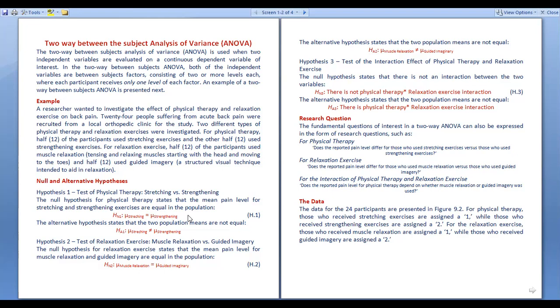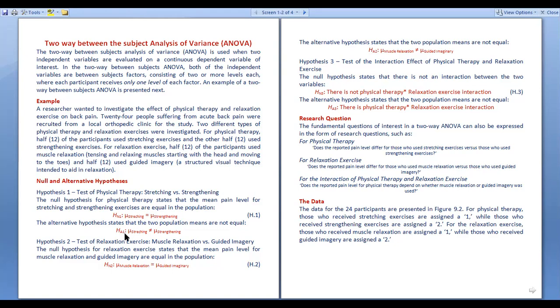The alternate hypothesis will say that there is a significant difference in the pain level of patients and the physical therapy they have gone for, stretching versus strengthening. So we have the alternate hypothesis HA1, where mu stretching is not equal to mu strengthening. So that is hypothesis 1.